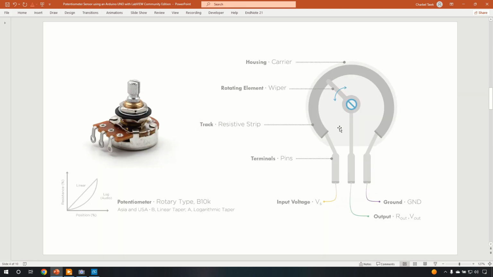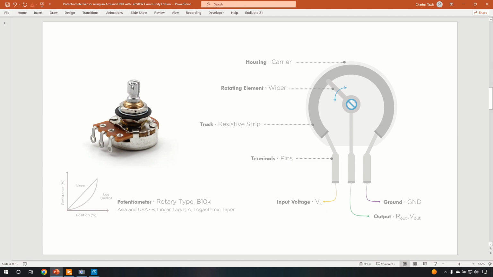So remember, if we go back to our potentiometer circuit, we are only connecting these 2 pins, and in series we are connecting this resistive element with the 1 kilo ohm fixed resistor value in order to simulate a resistive sensor.